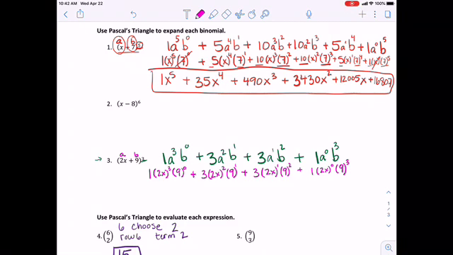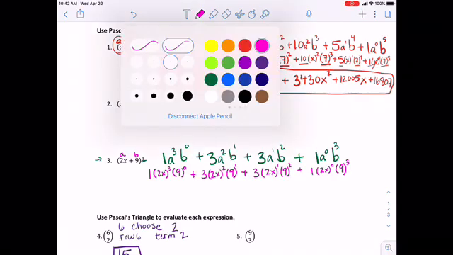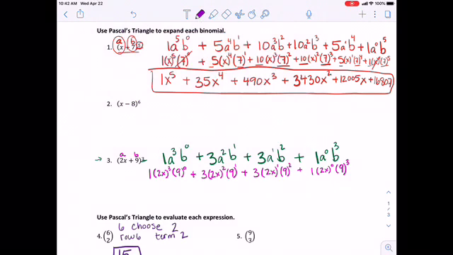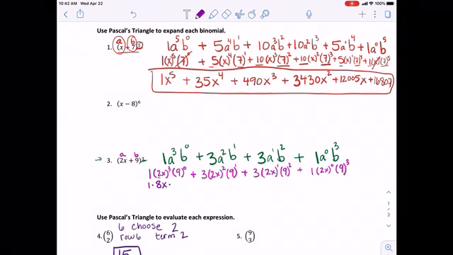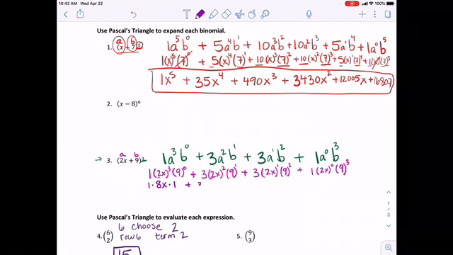Alright, well now I'm going to go ahead and multiply all this out, and I'm going to start by just worrying about these exponents. So I see, for example, this first term I have 1 times, notice how I have 2 to the third power. Well, 2 to the third power is 8, so I get 8x, times 9 to the 0 power is 1. Plus 3 times 2 to the second power is 4.